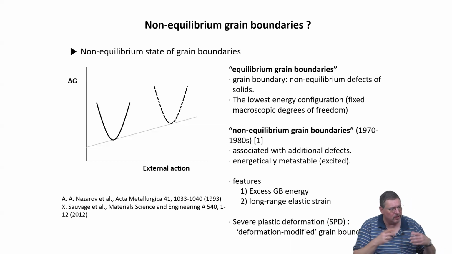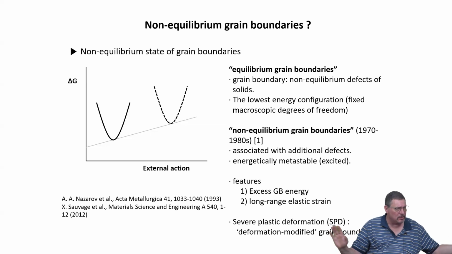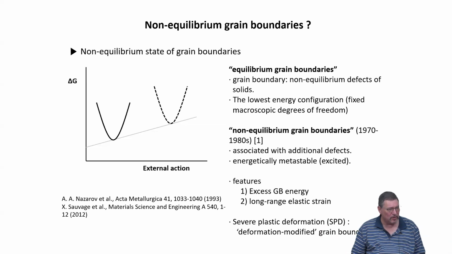Infinite sink. You can put as many grain boundaries and it doesn't change anything. Well, that might not be true because it's a structural entity. It changes the grain boundary structure. And they have developed a model, and it means that when many lattice dislocations go to the boundary, the grain boundary will be transformed into something they call non-equilibrium grain boundary.